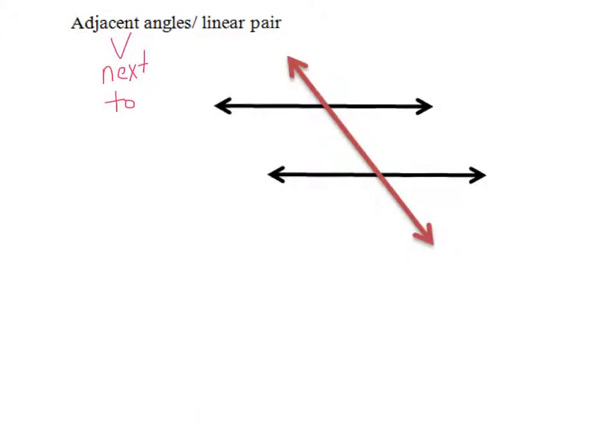Our final angle relationship is adjacent angles, or you may hear them called linear pairs. These are angles next to each other. They're angles that form a straight line. So let's find angles that are next to each other. I see that angle 1 and angle 2 are next to each other.